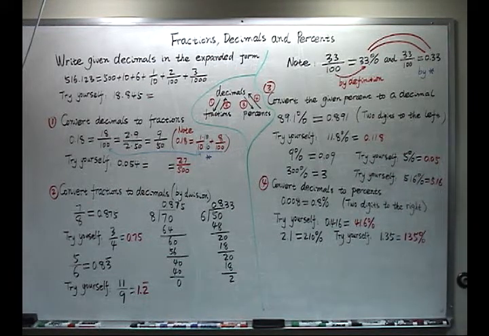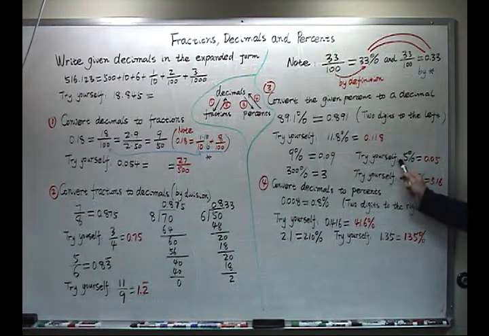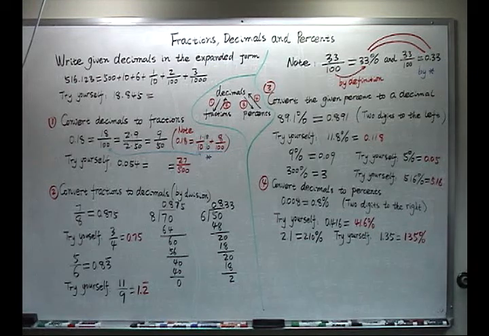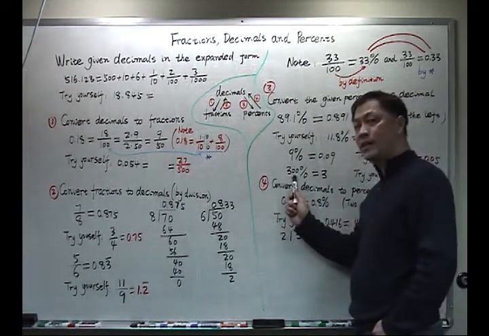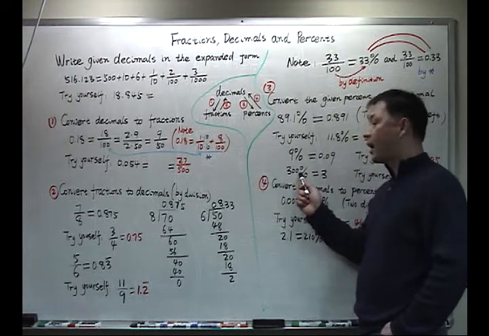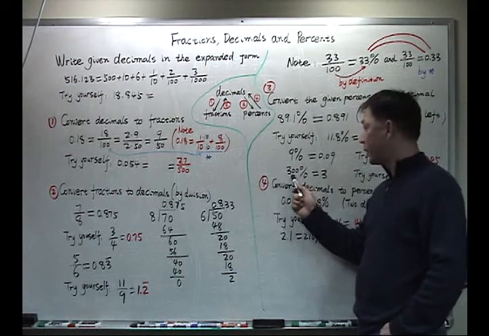Try this one yourself. 5% would be, the point was right here. So 1, that's 0.5. And another one, so 0.05. So the final answer for 5% is 0.05. Now, 300%. The point is behind 300, right?